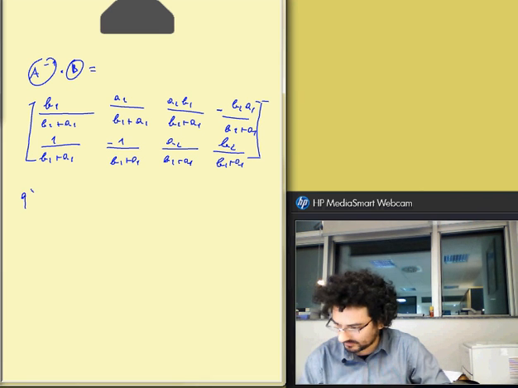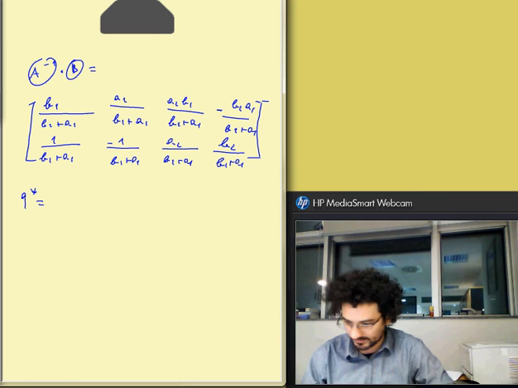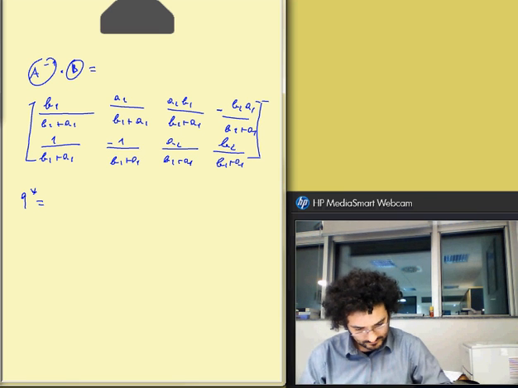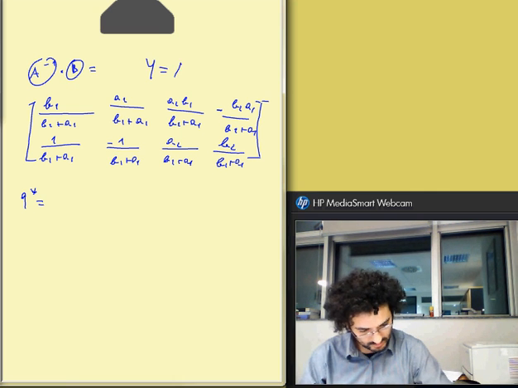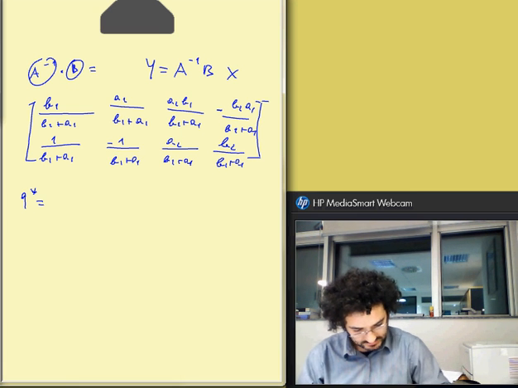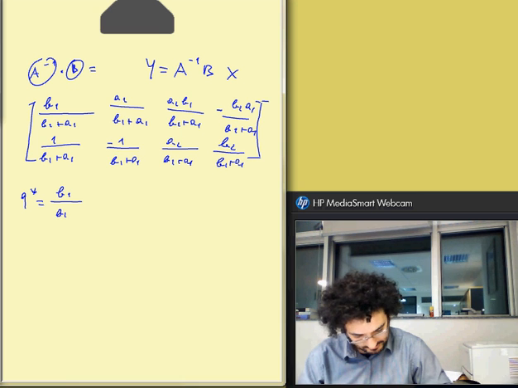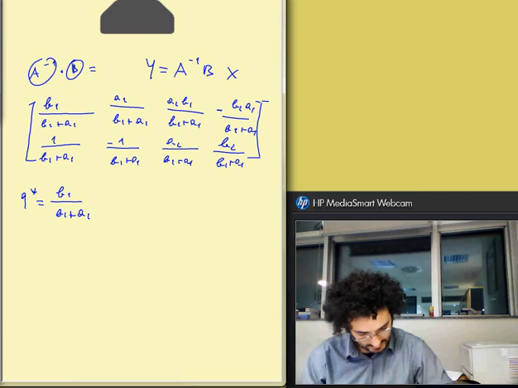Q star, which is the first endogenous variable, will be equal, because the final solution, remember, is y equal to A minus 1 B times x. So the final solution will be Q star equal to B1 over B1 plus A1 A0 plus A1 over B1 plus A1 B0.